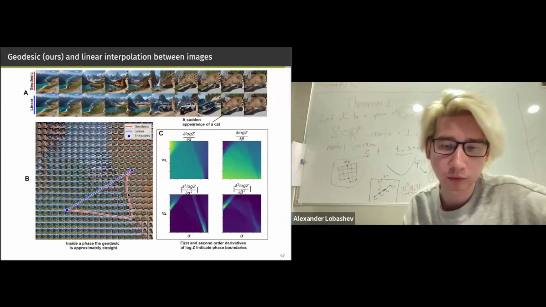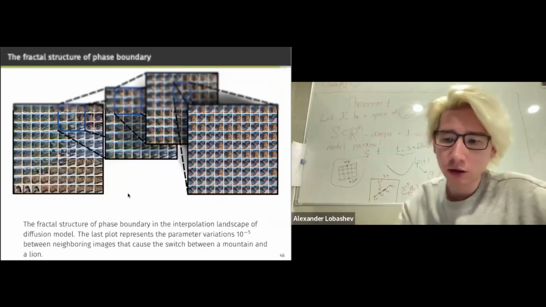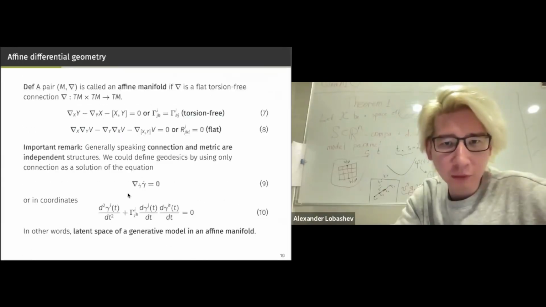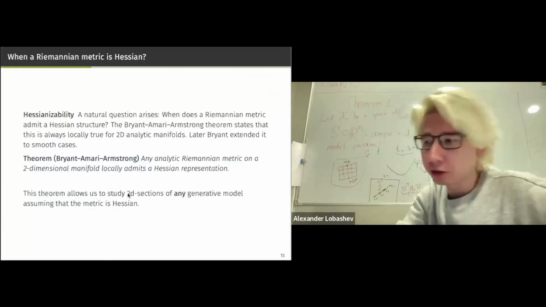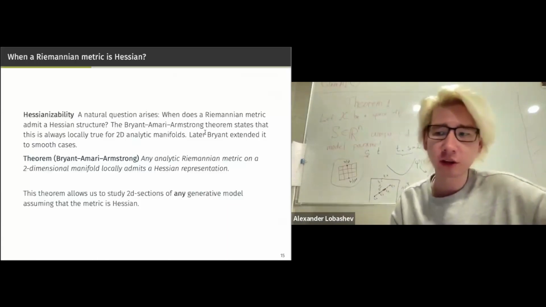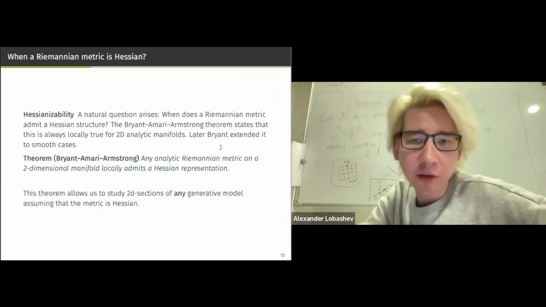One more small clarification that I would like to request: how do we know this function is convex in the case of diffusion models? Is this an assumption, or does it turn out to be true? For me, this is given by this theorem of Brian Tamari. It says that any Riemannian metric can be locally approximated by some Hessian function.